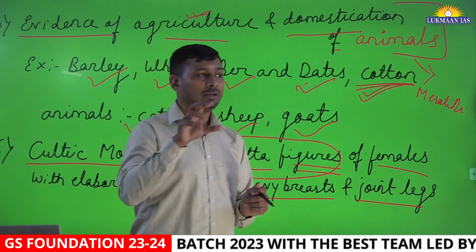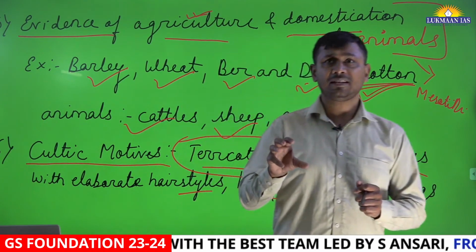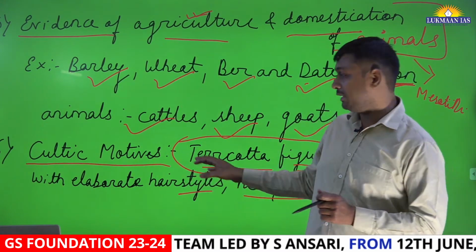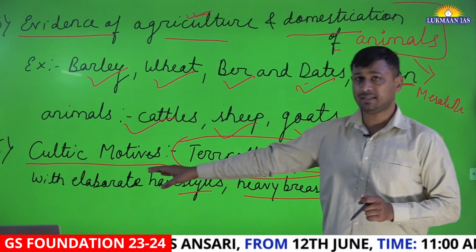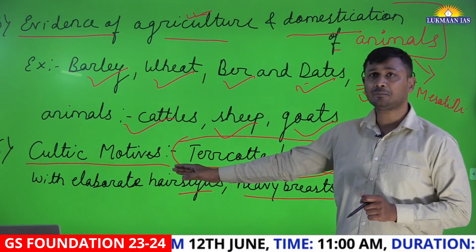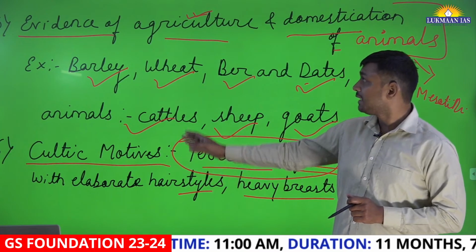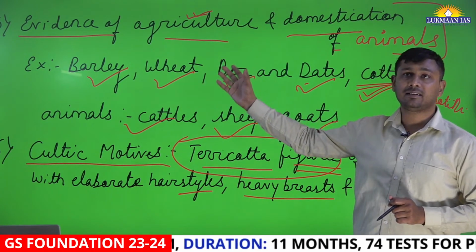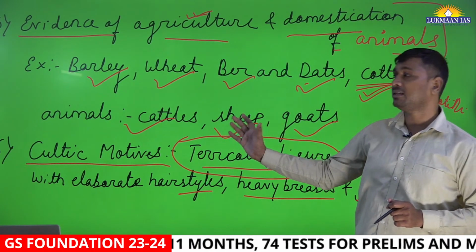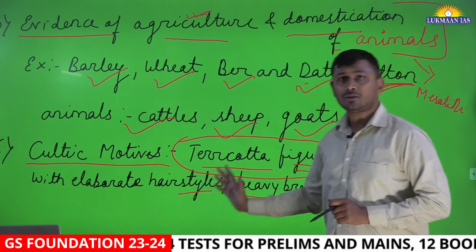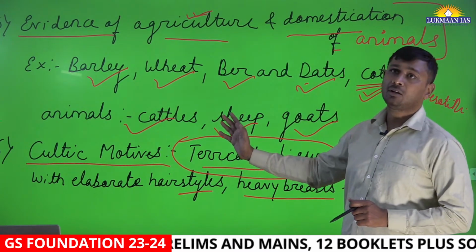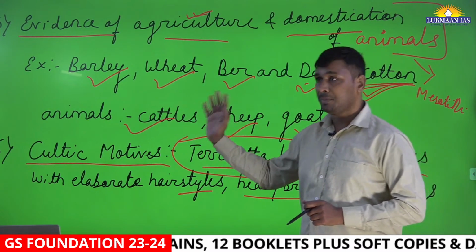Other than that, what are the various motifs associated, and in the motifs you will basically give these cultic motifs, and then how the evidence of agriculture and the domestication of animals are there. These are the points which all of you should keep in mind while writing about Mehargarh.